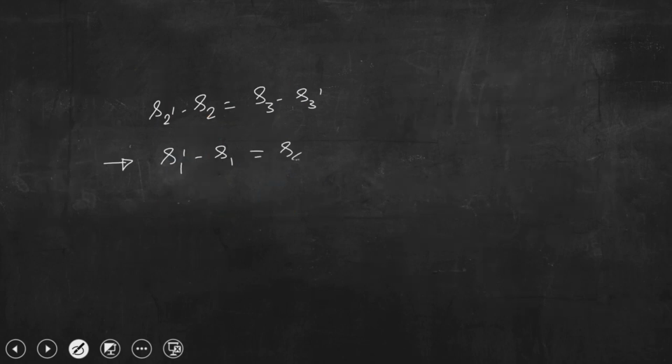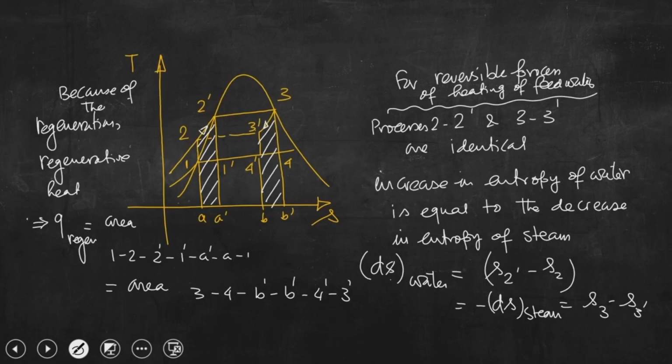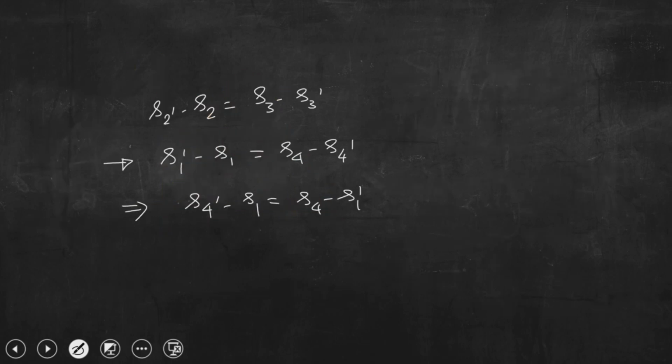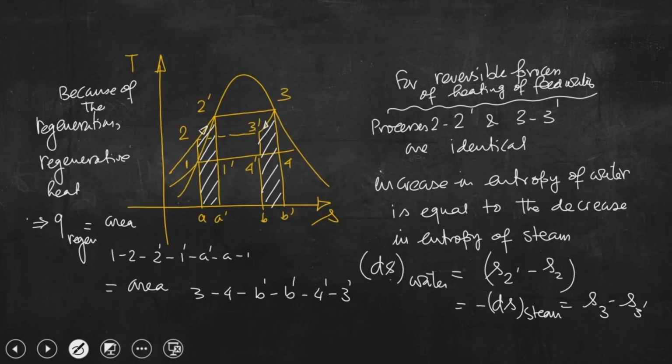So, S4 minus S4 prime. So, can't we write that S4 prime minus S1 equals S4 minus S1 prime, right. So, S4 prime minus S1 equals S4 minus S1 prime.